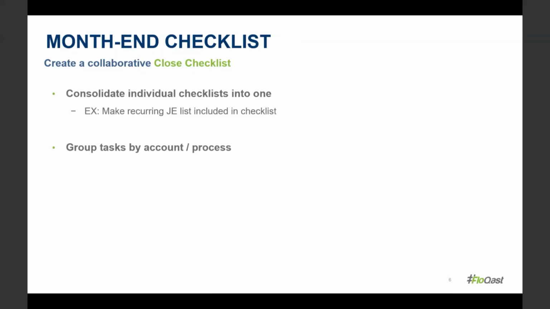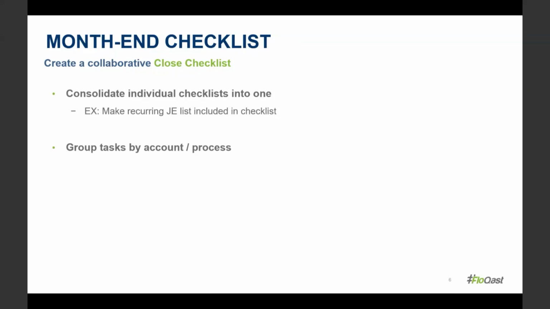We've also found that it can be helpful to group your tasks by specific account or by process. So for example, you might want to group all of your AR tasks together. And this is a great opportunity for you to create specialization across your team as well. Just be mindful if you do create that specialization, just be careful not to silo your employees into that one specific task.